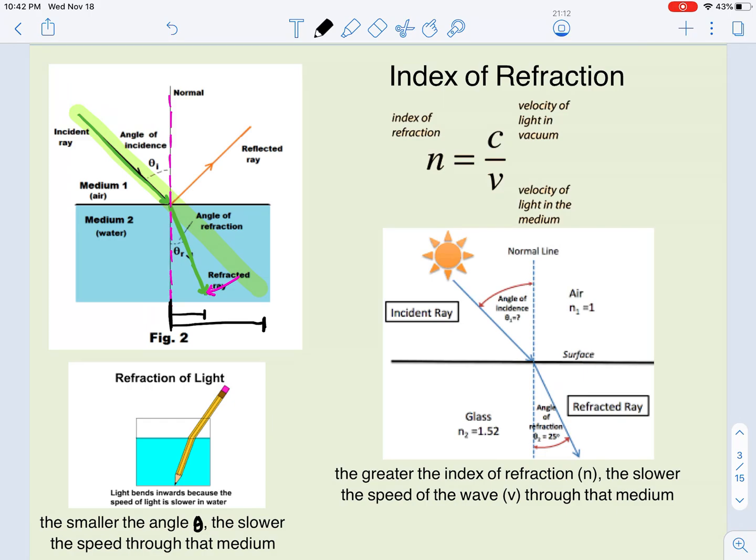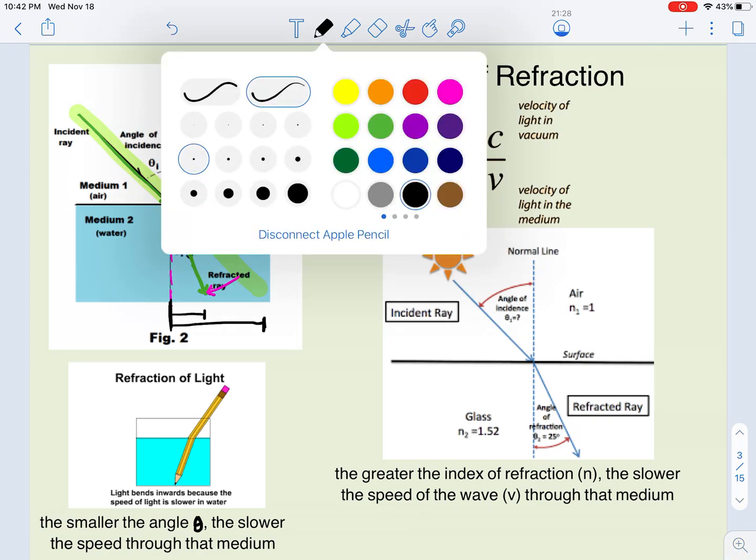So indeed, it was not moving as fast because it did not go as far away from the normal line. That's one way to approach this. Now, it's technically not the right way to decide what that angle is, but just kind of conceptually to give you some sort of analogy to help this make sense.